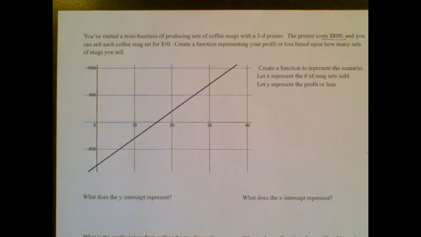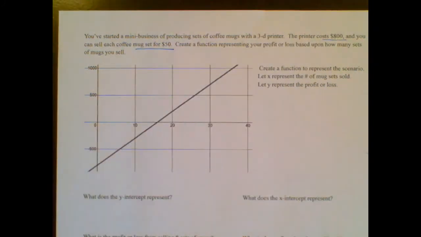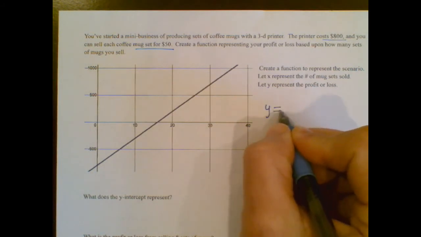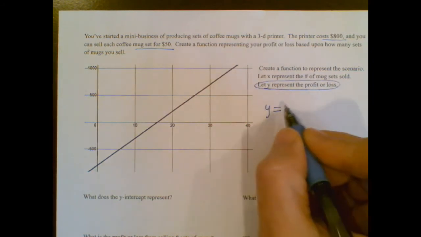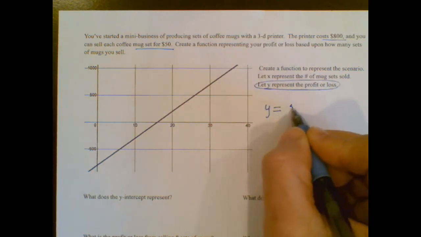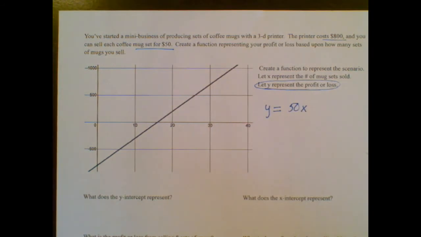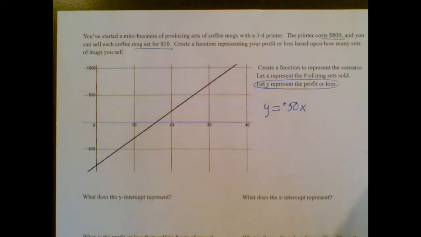You paid out $800. That's a minus to your bank account. You're going to sell stuff and people are going to pay you money. That's a plus to your bank account. So in this case, I could say y equals, and y is your total profit or loss, $50 for every mug set that you sell. And I didn't write the plus, but it's implied when we don't write that.